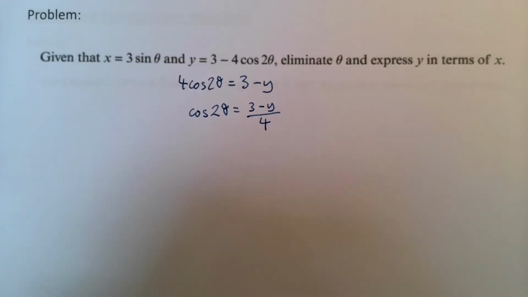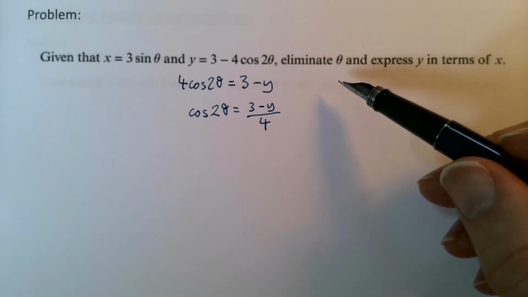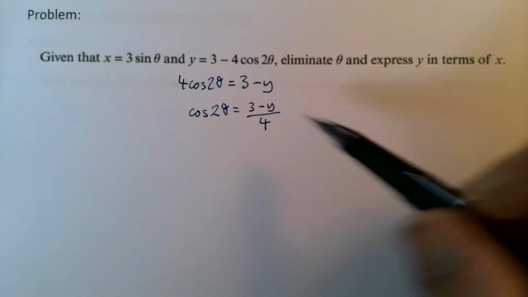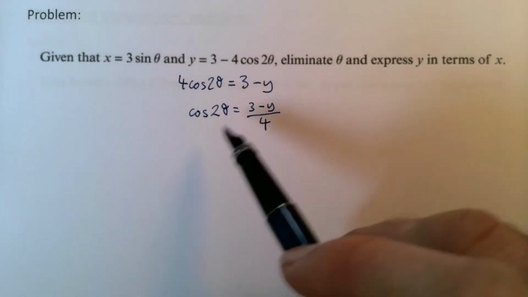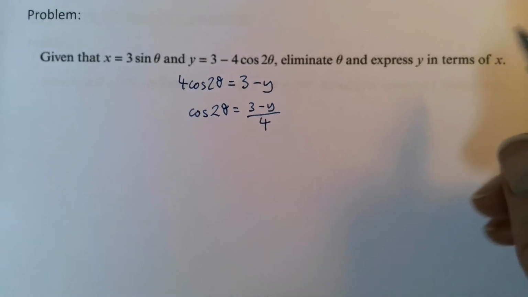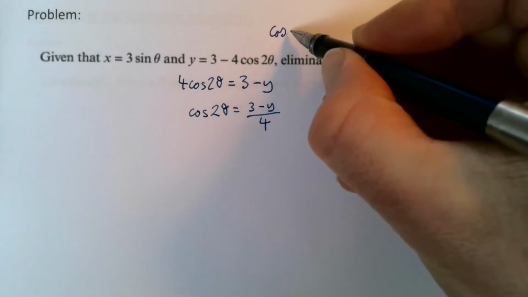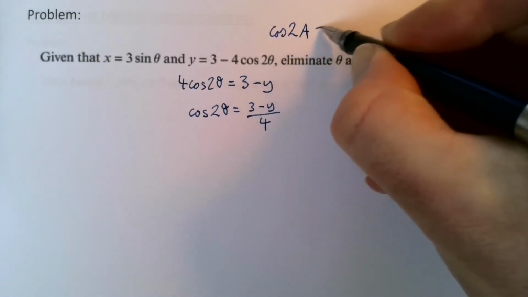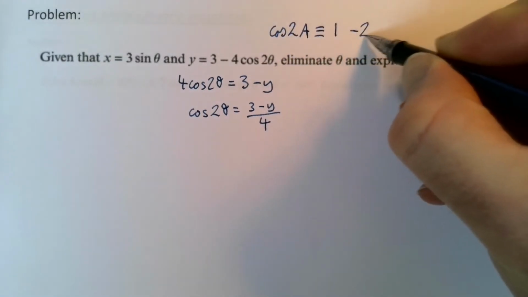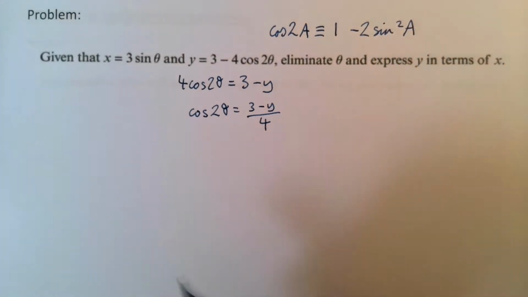Now I've got to eliminate the angle and express y in terms of x. So this is in sine over here, and I've got a cos 2 theta over here. Now what do I know about cos 2 theta? I know that cos 2a is identical to 1 take 2 sine squared a.